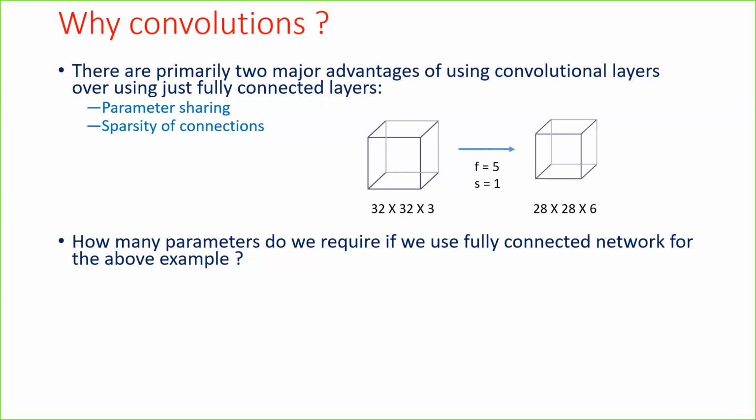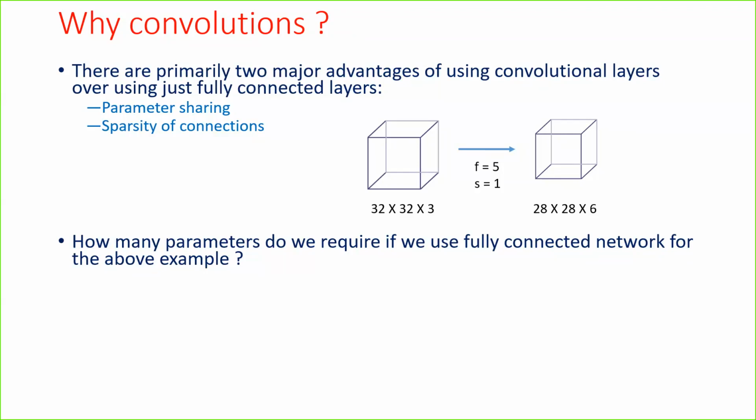Irrespective of where the feature is present, you should be able to identify it, and the convolutional neural network has that capability because the same filter is convolved throughout the image. So it will be able to extract the feature wherever it is present in the image.